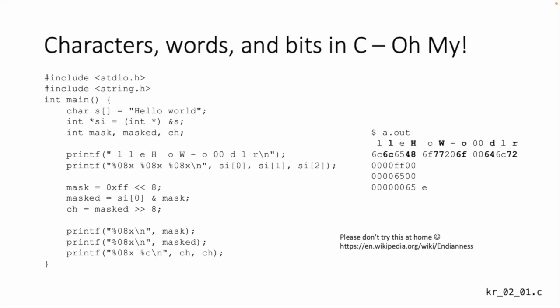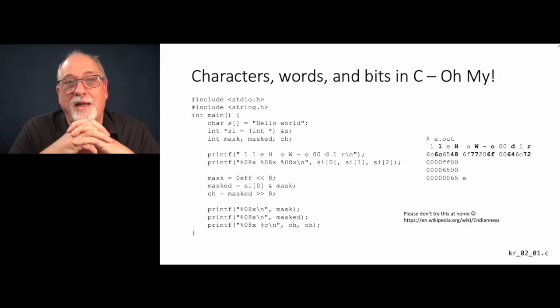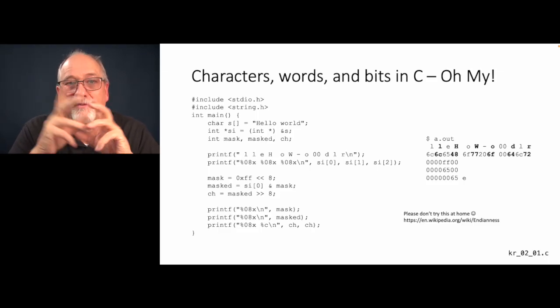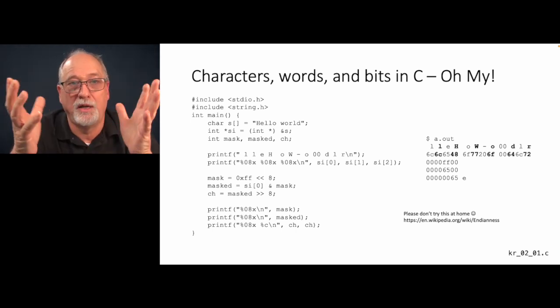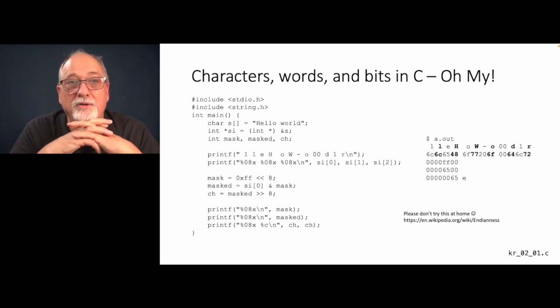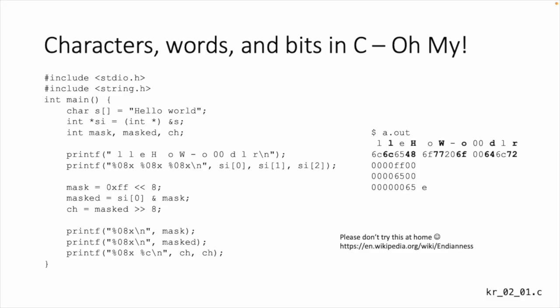So what I'm doing in this program is creating a character array. The length of this character array is "hello world" plus 1 for the terminator, HELLO space WORLD. So 11 plus 1 should be 12 characters allocated. And then in this next line that says int star SI, I'm saying I want to take this same storage and pretend it's an integer array.